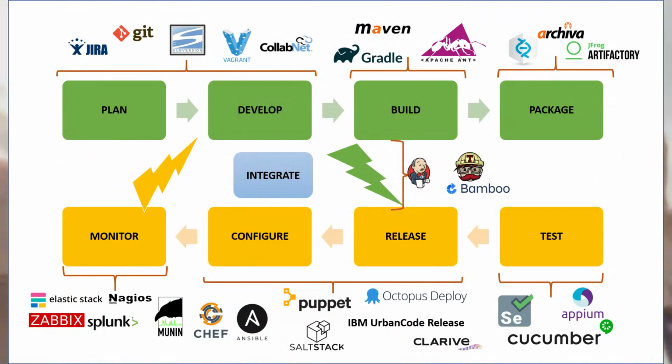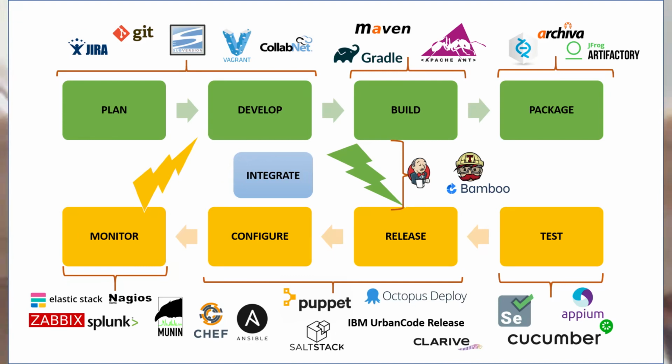Further, once the code is built, then for packaging we take help of artifacts. The packages that are built are termed artifacts, and they are stored in some kind of artifact repository, such as Archiva or JFrog Artifactory.